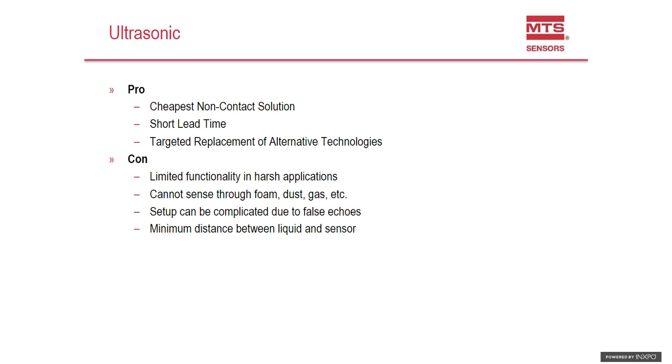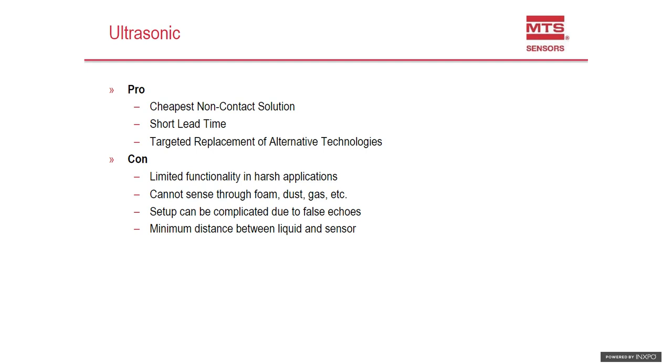So when I say harsh environments, this is going to be anything that creates a barrier between where the ultrasonic sensor is mounted and the liquid that it's going to measure. So since it's just pushing sound waves through the air, anything that changes the landscape of the air as far as foam, dust, mist, steam, different layers of gas, all those things are going to affect the ability of those waves to propagate and provide an accurate level measurement.